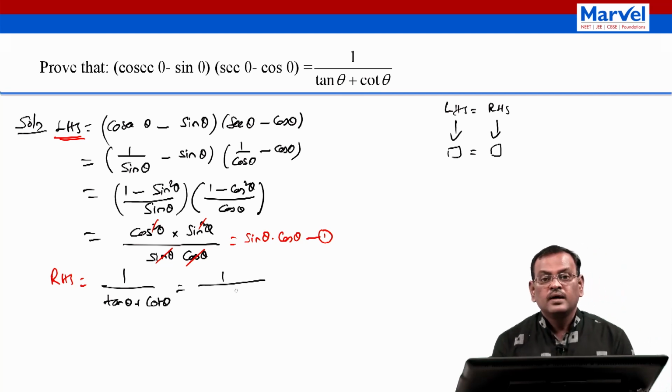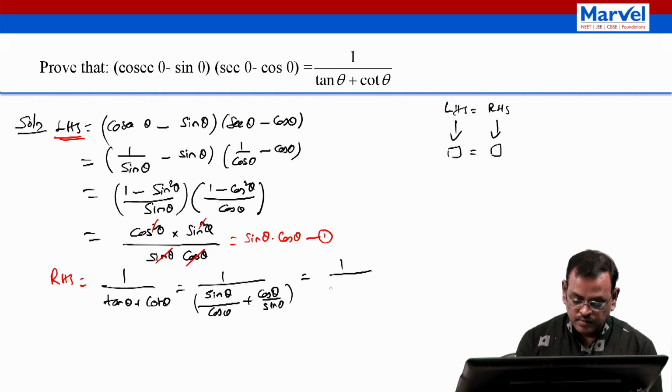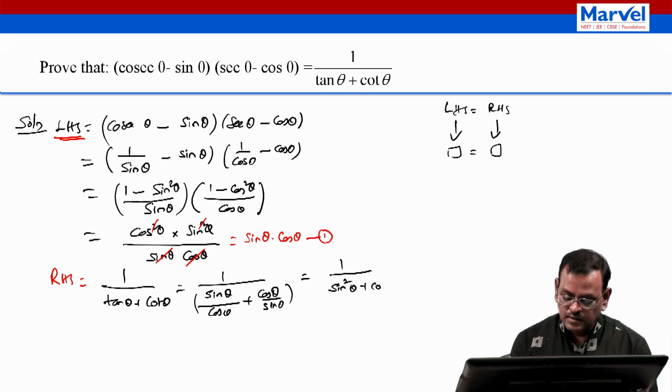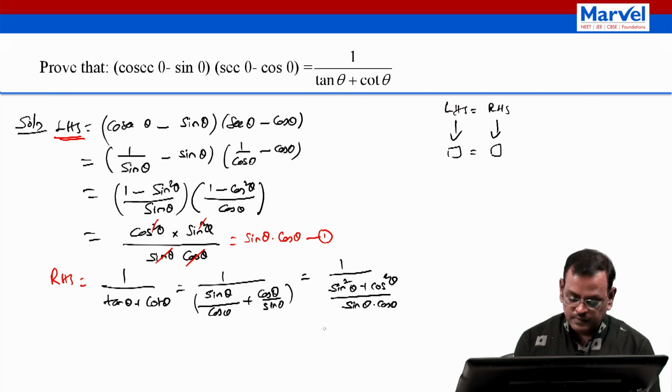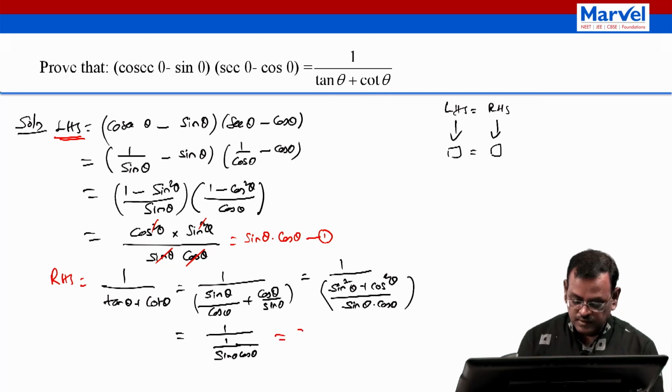Again the same working rule, change into basic functions: 1 by sin theta by cos theta plus cos theta by sin theta, which is equal to 1 by, cross multiply, sin square theta plus cos square theta by sin theta into cos theta, which is equal to 1 by 1 by sin theta into cos theta, which is equal to sin theta into cos theta.